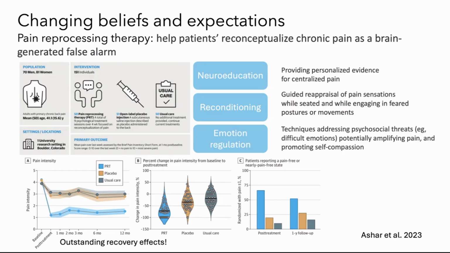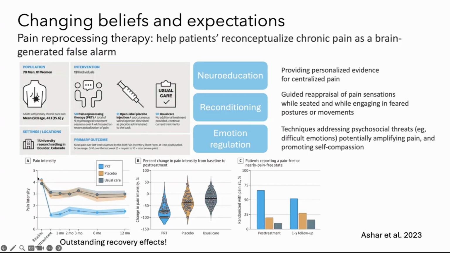This might in turn reduce the effect of your brain over-interpreting your nociception as being incredibly painful. There's also a third component to these psychological interventions that tries to regulate the emotions of the subjects, which we also know impacts the way that the brain perceives nociception.